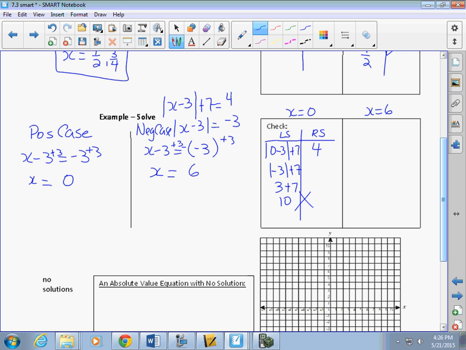If I do x is equal to 6, so 6 minus 3 plus 7 equals 4. 6 minus 3 is 3, plus 7 is 10. Doesn't work. So this one then has no solution.